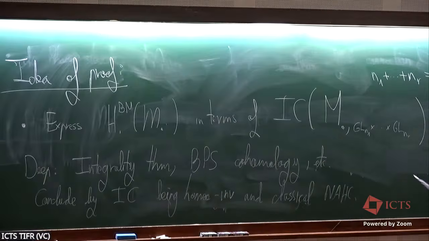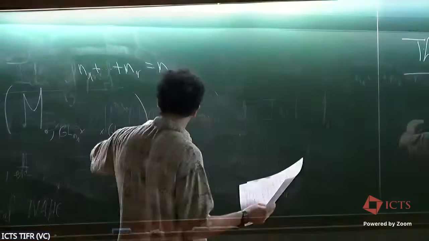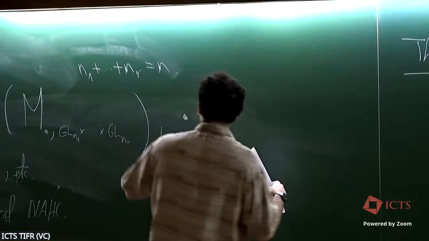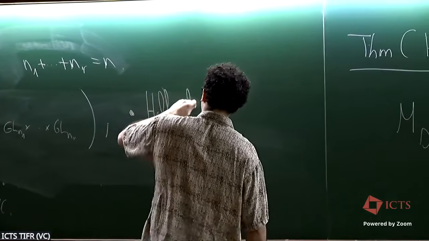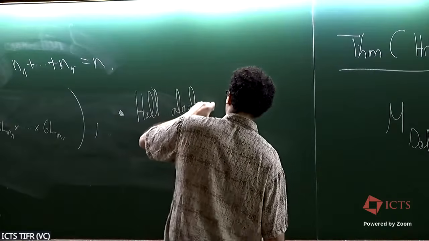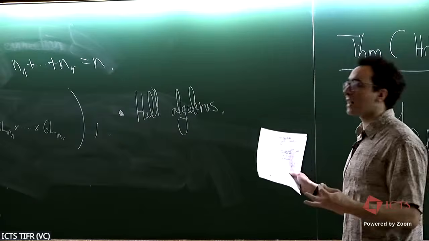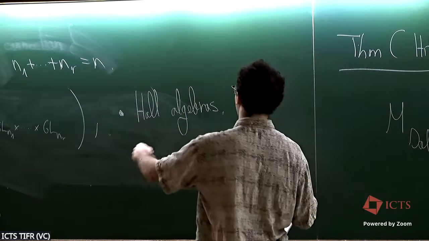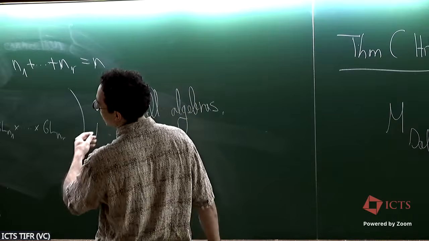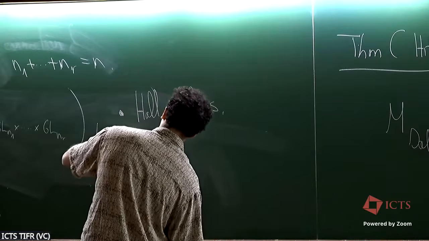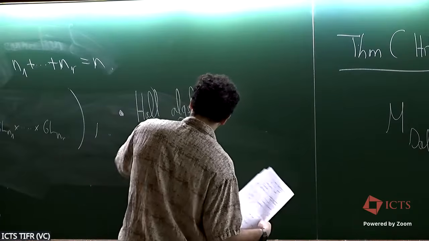And also let me say that it uses crucially Hall algebras. Hall algebras is something that's only available as an algebra for structure group GLN. So generalization to other groups is hard because of this. So this needs GLN.